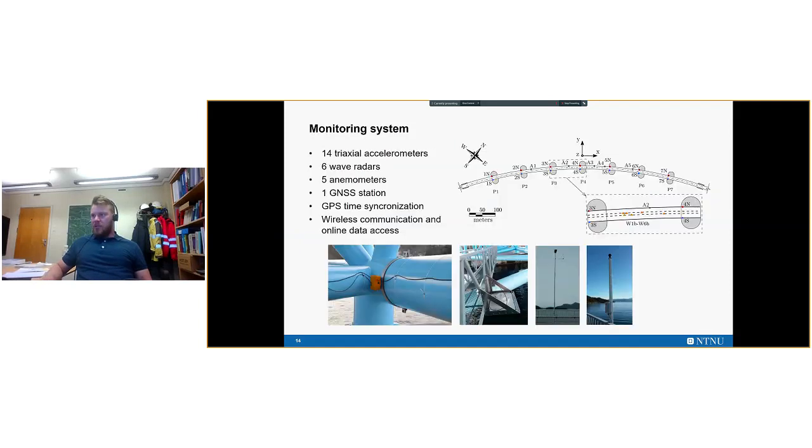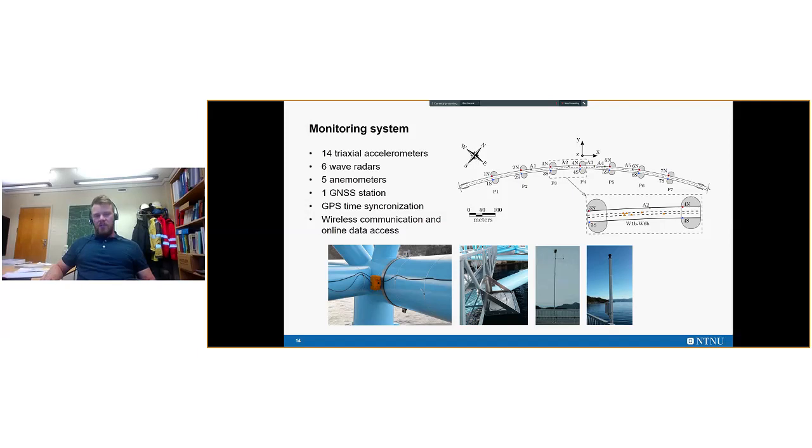So on this bridge we have installed a monitoring system that consists of accelerometers, wave radars, anemometers, GNSS, which is equivalent to a GPS sensor. And all this data we acquire is GPS time synced, so we know our time samples are accurate.